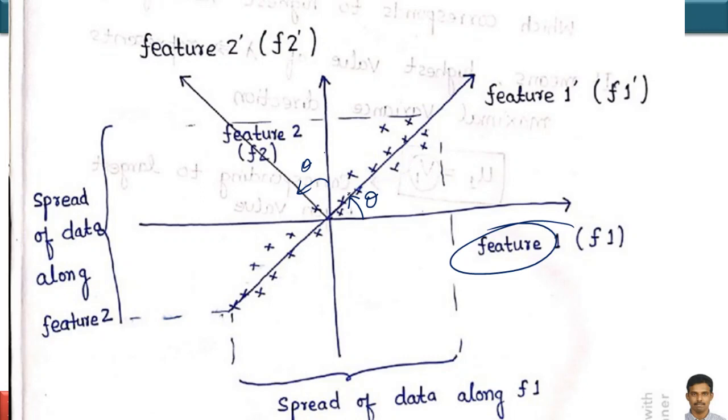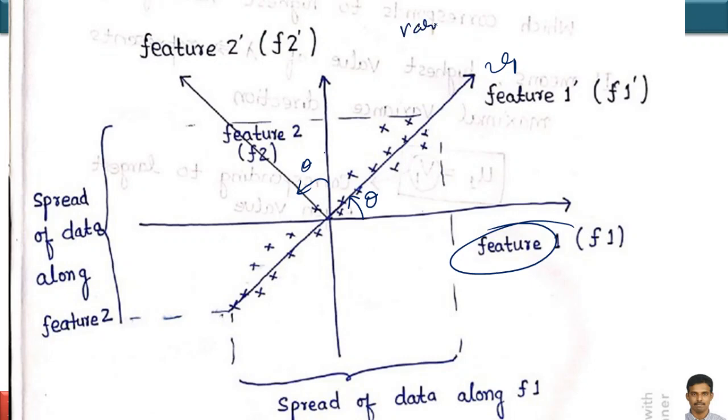We rotated our axes such that our top eigenvector of the covariance matrix of x, this u1, corresponds to the direction where the variance is maximal.